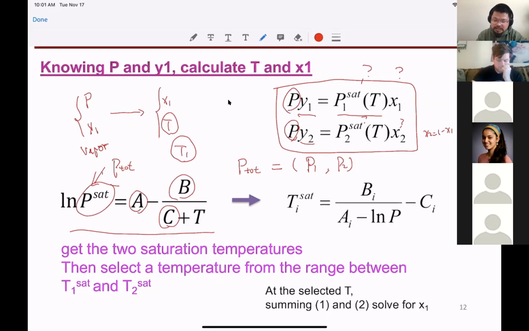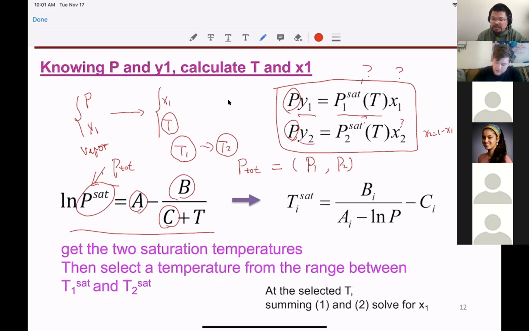Okay. Secondly, I'm going to assume the P total is completely coming from component 2. So over there with the Antoine equation, I'm going to use the A, B, C values for component 2, and I'm going to figure out another temperature, T2. And I understand that the mixture shall be in between those 2 extreme cases.